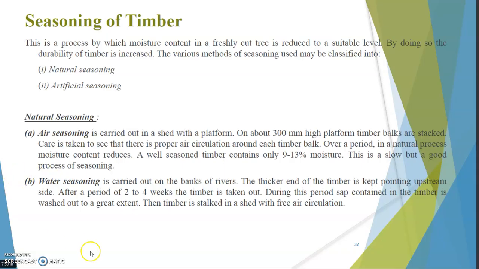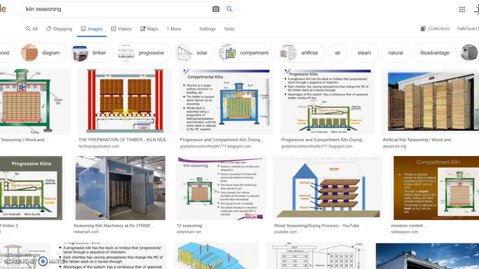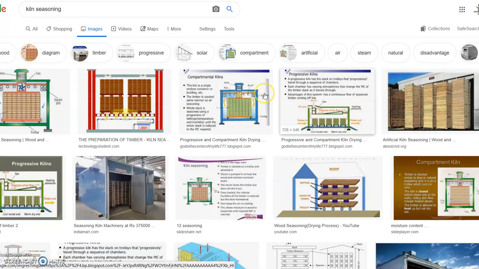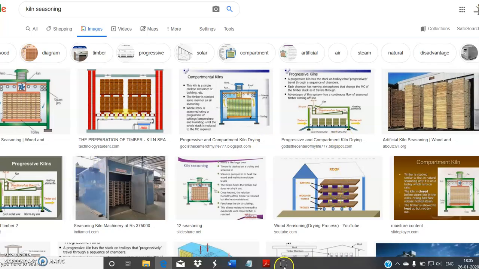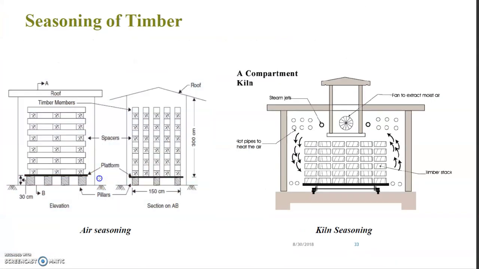In airflow seasoning, it may look like this: people stack the timber on a platform. The very cover page of our unit 1 is nothing but this particular air seasoning.